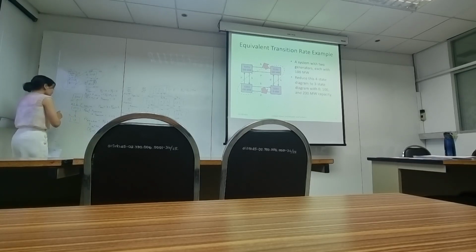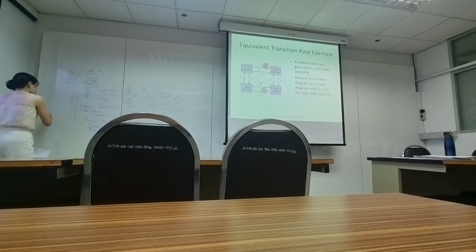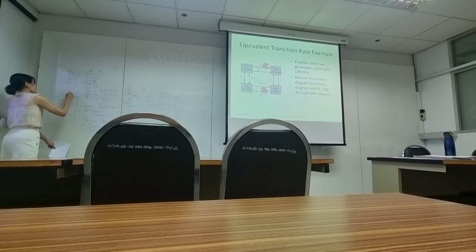Last thing is the frequency of 0 to 100, which is equal to P0 itself multiplied by the equivalent repair rate of 0 to 100. And that equals P4 multiplied by mu plus P4 multiplied by mu, which equals 2 mu P4.